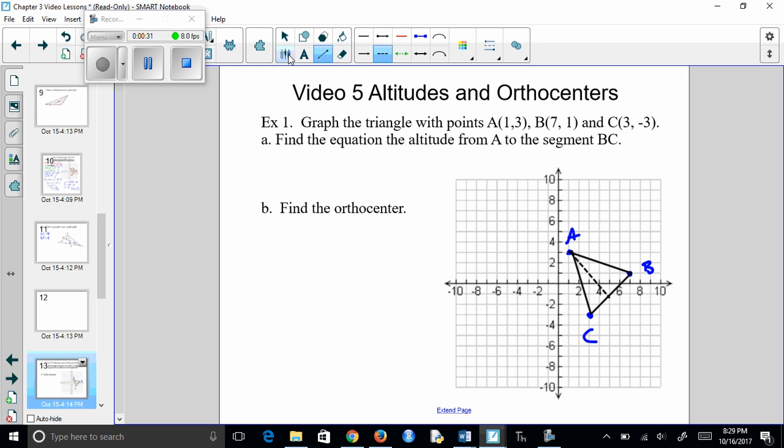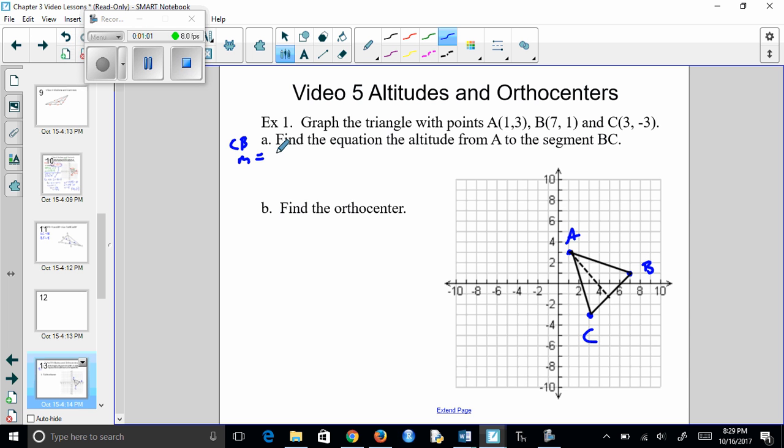So what we've got to do is find the slope from C to B and then find the perpendicular of that. So the slope from C to B equals, looks like from -3 to 1, they go up 4, and from 3 to 7, they go over 4.